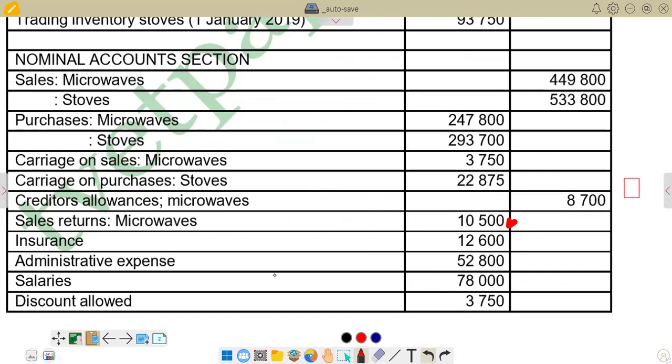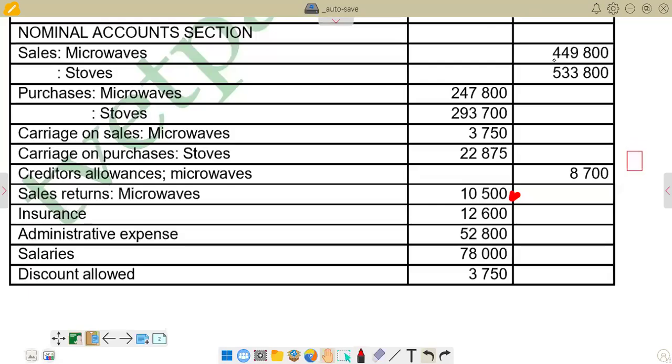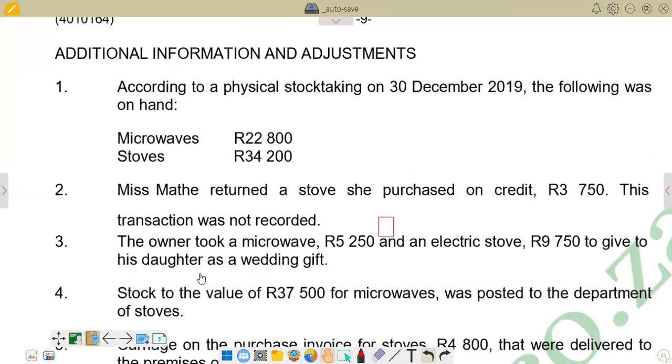And then you go down again, to see if there is any other information that we are given there. At the end of the question, you see that we have nothing else that is affecting our sales. So if you have exhausted the trial balance, you are supposed to go to the additional information to see if there is anything else that is affecting our sales.